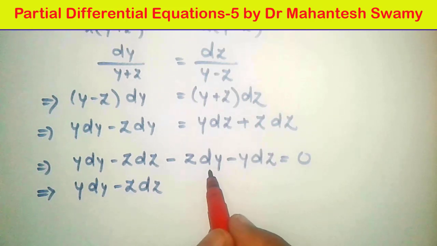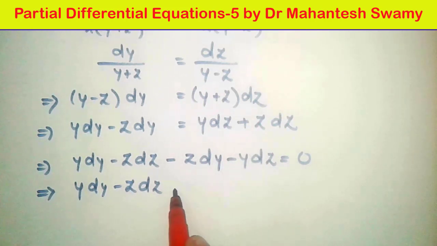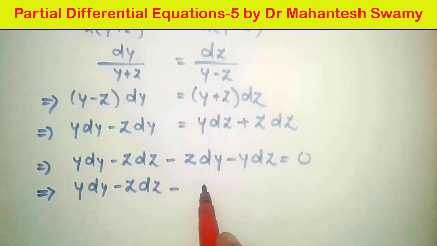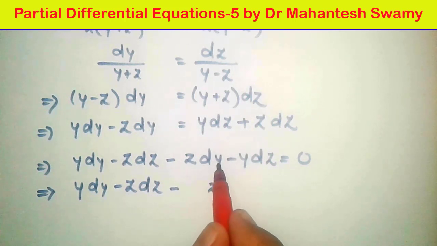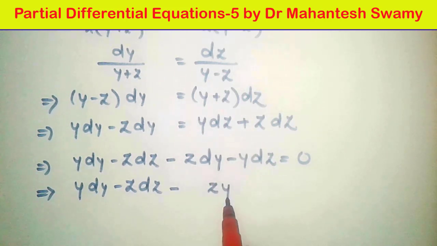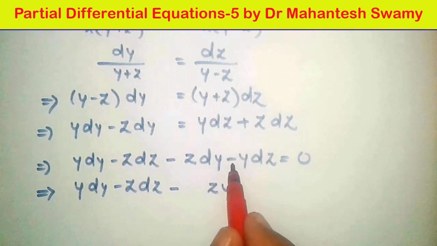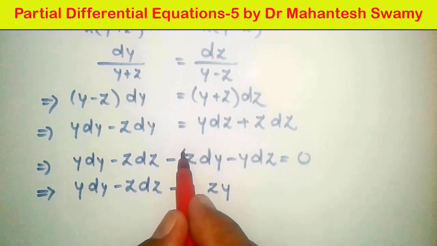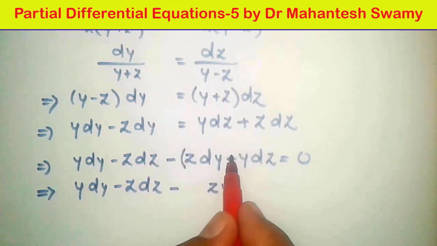However, we observe here that these two terms can be written with minus taken outside. Now this is just like z as it is, differentiation of y. When we take minus outside, it will become plus.